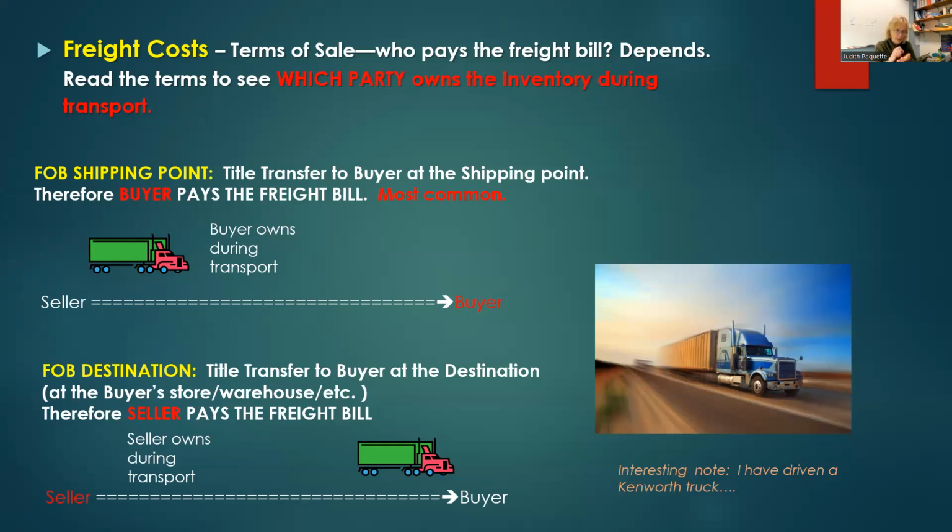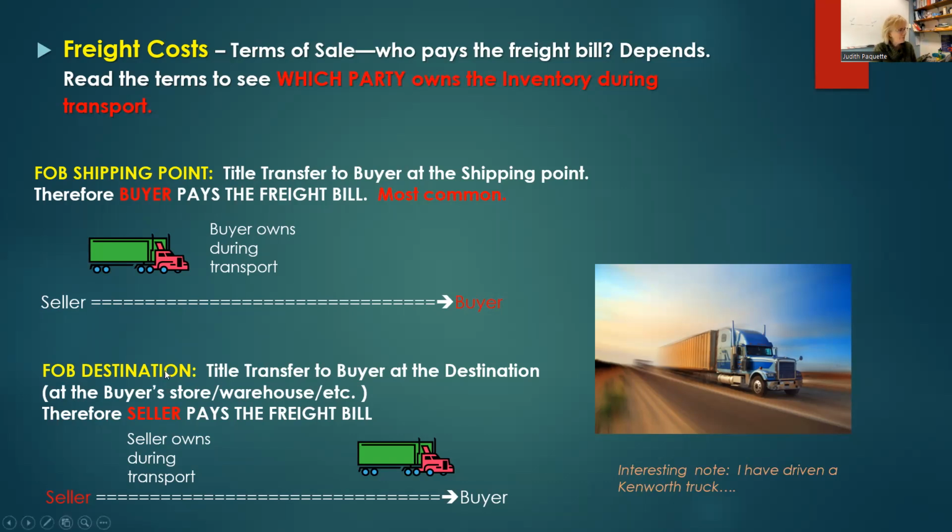If the seller actually pays it, they're just going to charge more for the merchandise. But it is sort of a mechanical thing of who pays the freight bill. So if the buyer is paying the freight bill, it's incoming freight, it's incoming inventory. And so we say freight in. We still have the inventory. We have not sold it. So it becomes a cost of inventory.